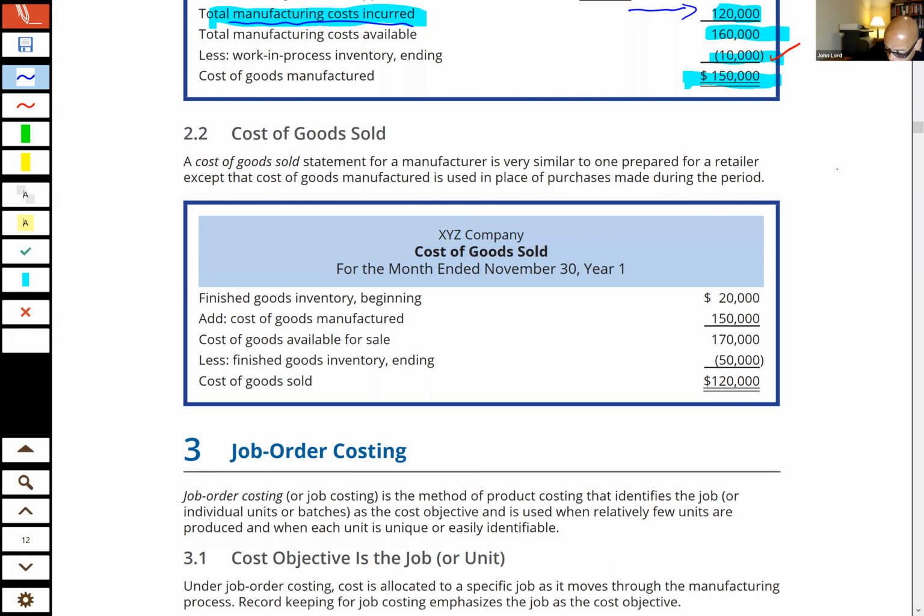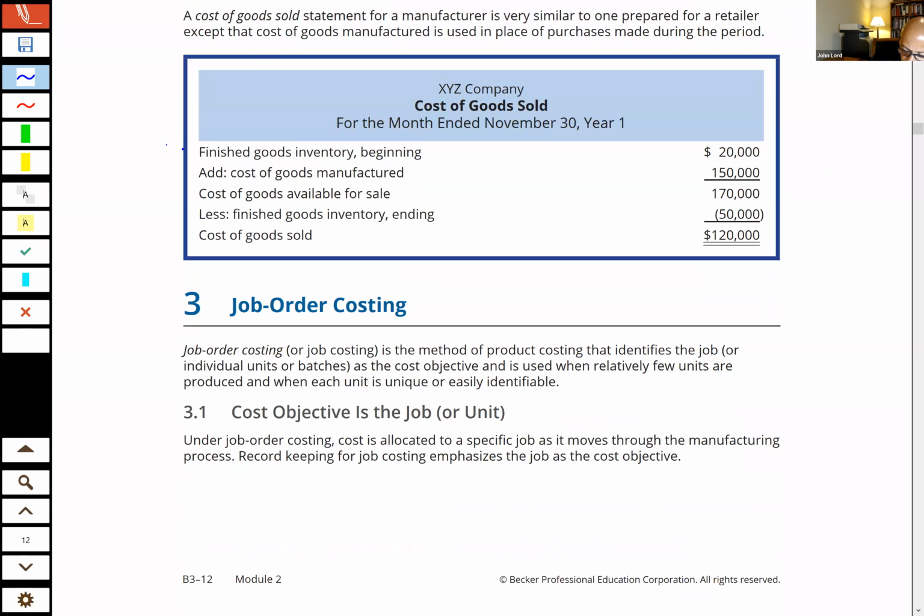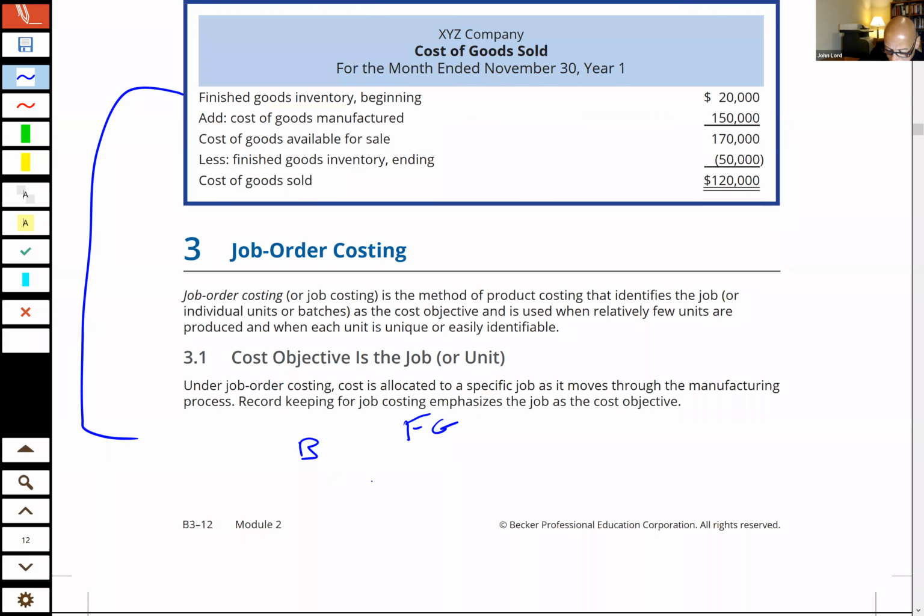I think I got enough space down here. Let's do a similar sort of thing. Finished goods: beginning, add, subtract, ending. That's an A for add, BASE. Beginning, they're telling me here, is 20,000. I add what? I add the cost of goods manufactured.